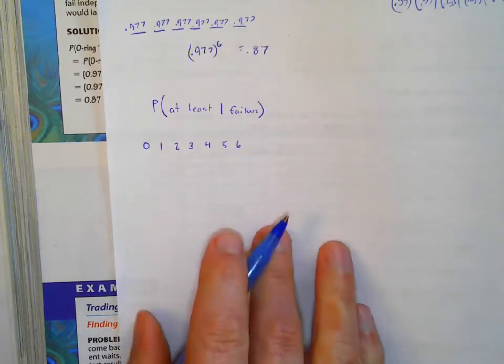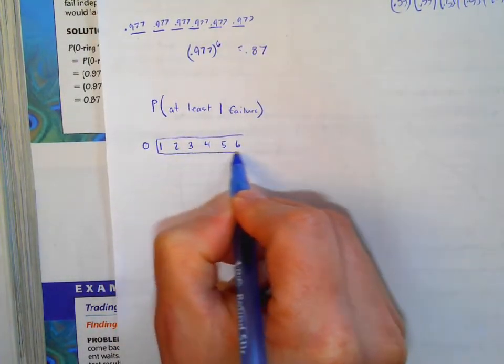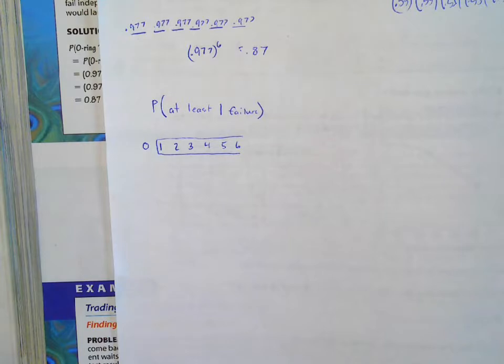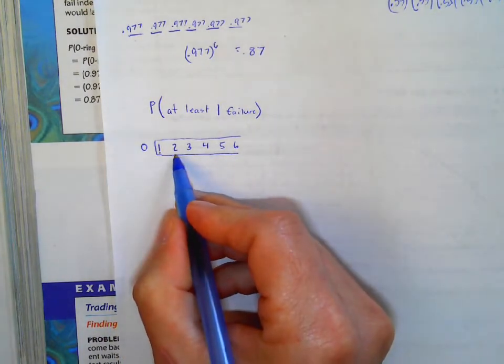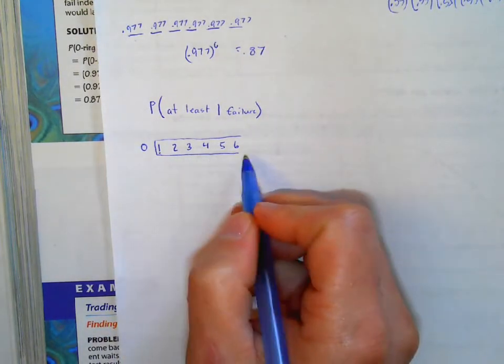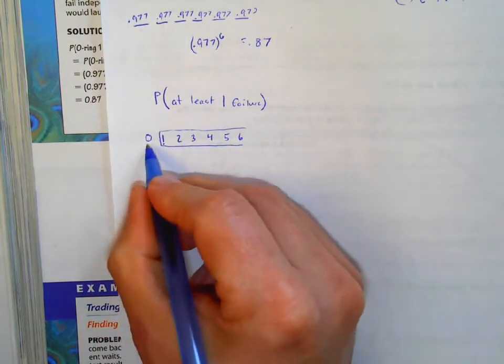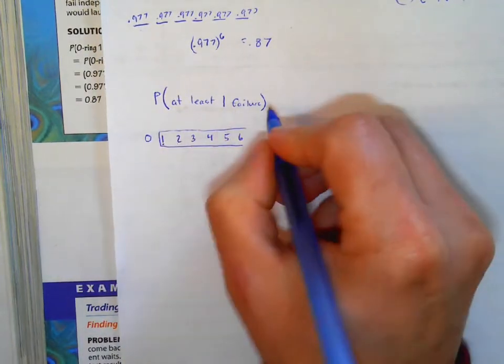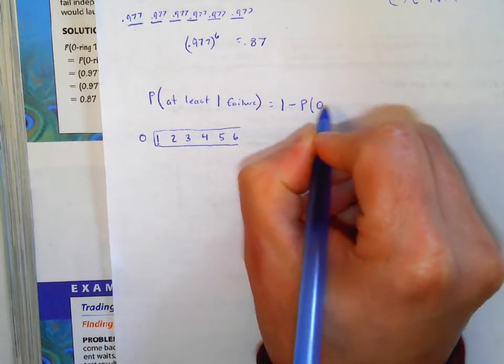So the probability of having at least 1 failure would be all of these probabilities added together. Now, we could find the probability of 1 failing, and the probability of 2 failing, and the probability of 3 failing, and then add all those probabilities together. That'd be a lot of work, though. So we use the complement rule. The probability of at least 1 failure is the same as 1 minus the probability of 0 failures.